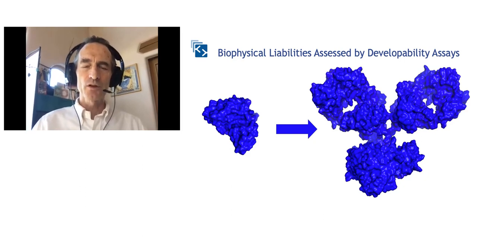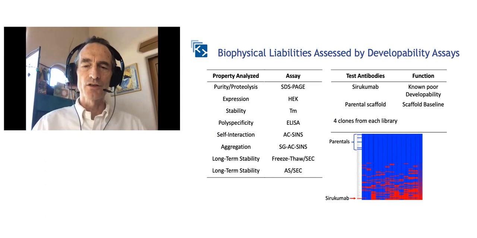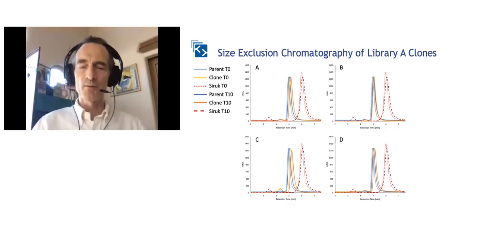So what we did was we took the single chains, we converted them to full-length IgGs. We then measured biophysical liabilities by various developability assays, as indicated here. We compared them all to the parental antibodies from which the clones were derived. This antibody at the bottom, sirukumab, has very poor developability properties.